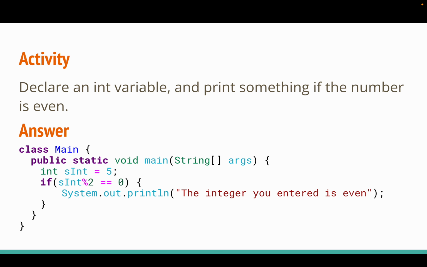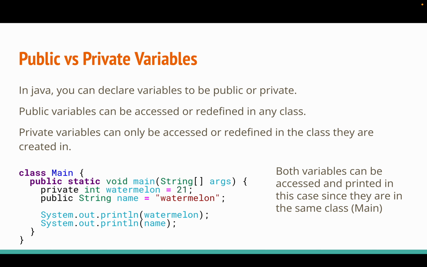Next, let's talk about public versus private variables. So in Java, you can declare variables to be public or private. Public variables can be accessed or redefined in any class, but private variables can only be accessed or redefined in the classes that they are created in. So let's give an example of class main. Inside the main method right here, we create a private int watermelon and a public String name.